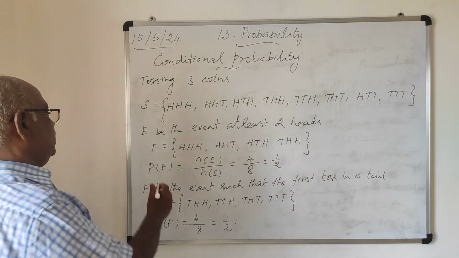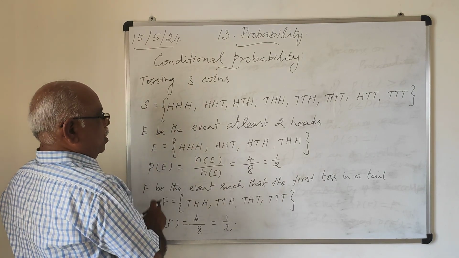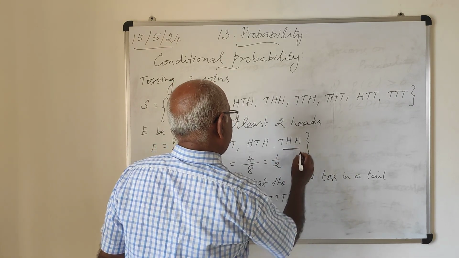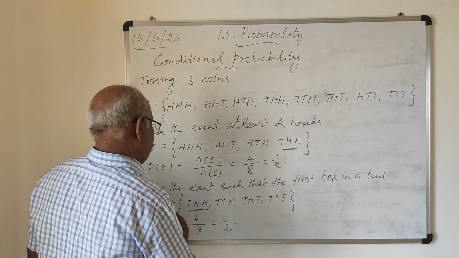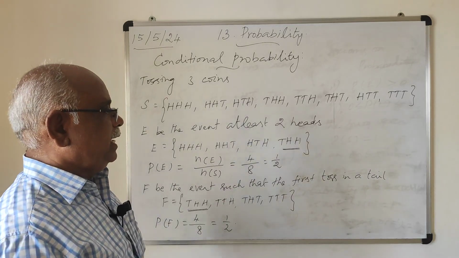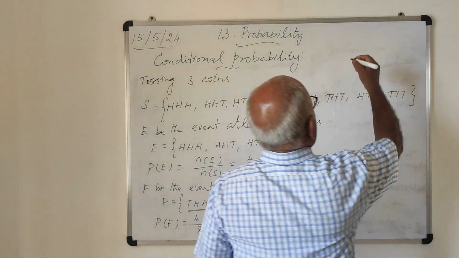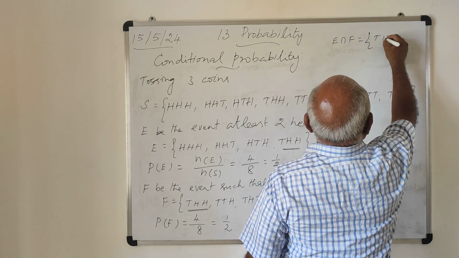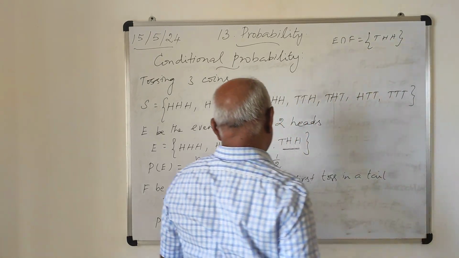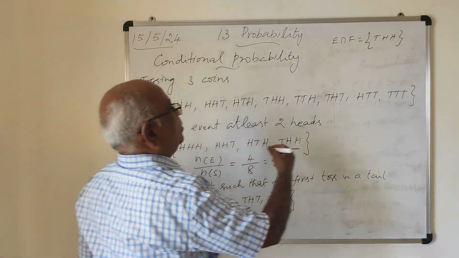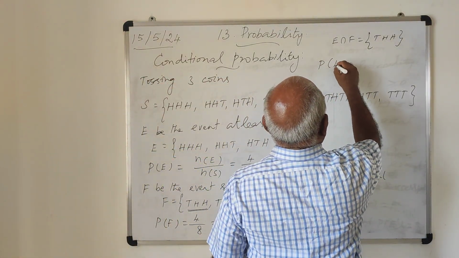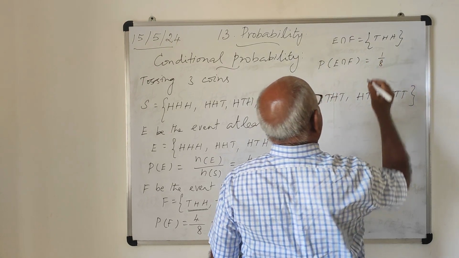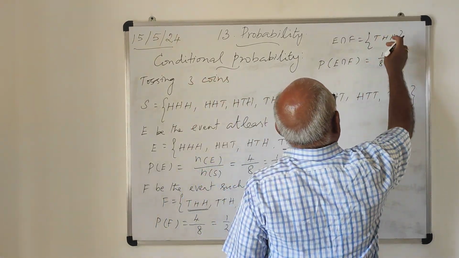Now, out of these events E and F, one event, THH, occurs in both E and F. Therefore, E intersection F is THH. So the probability of E intersection F is 1 by 8, where 1 is the favorable count and N of S is 8.